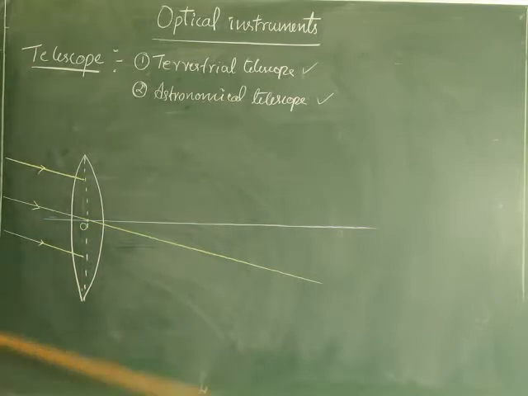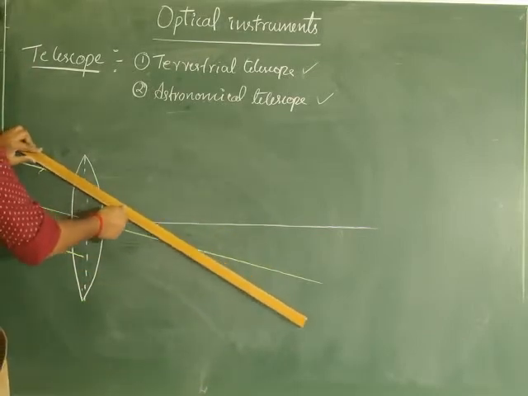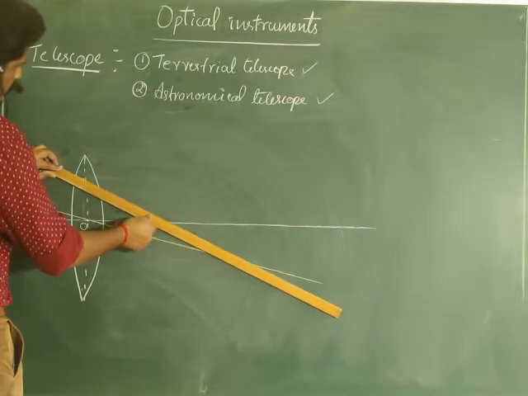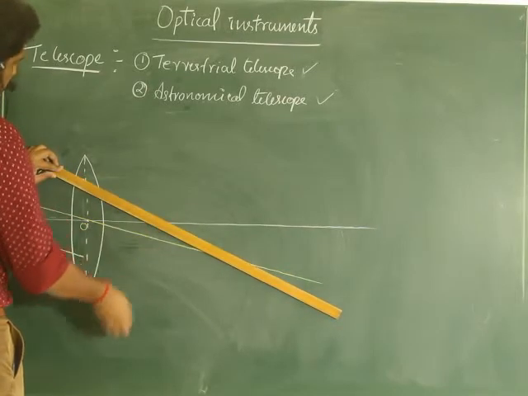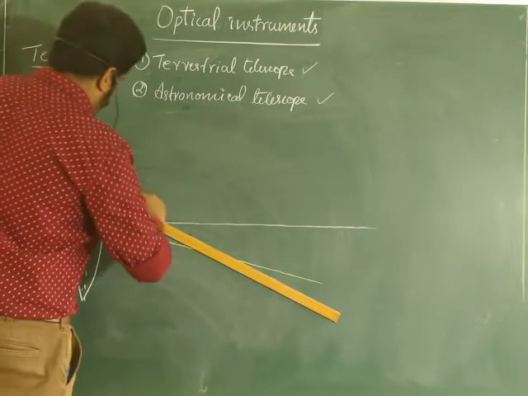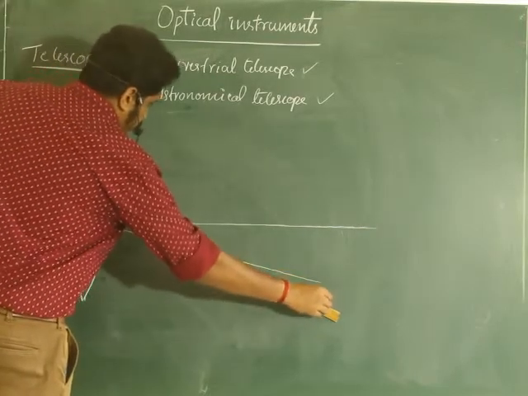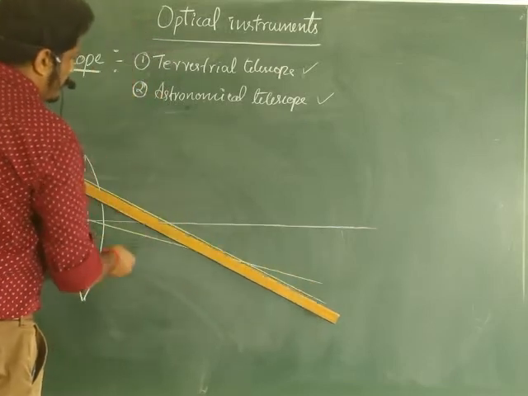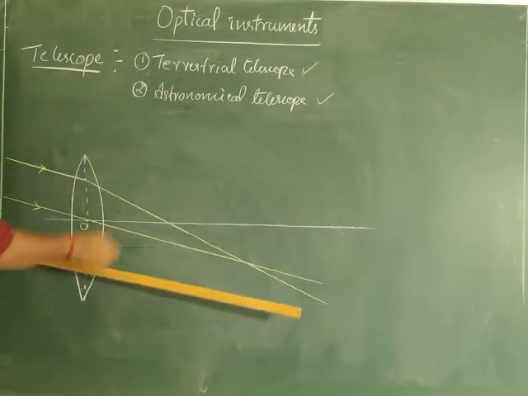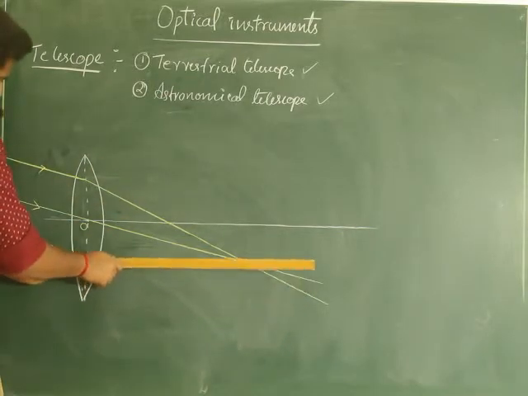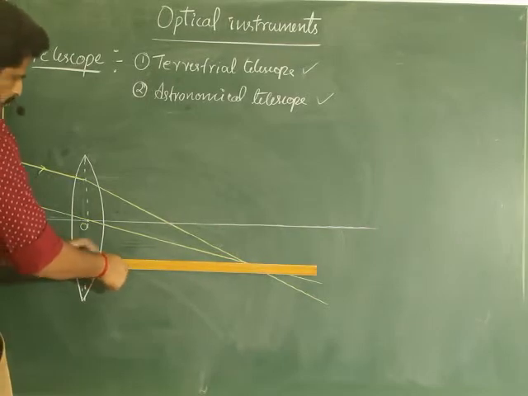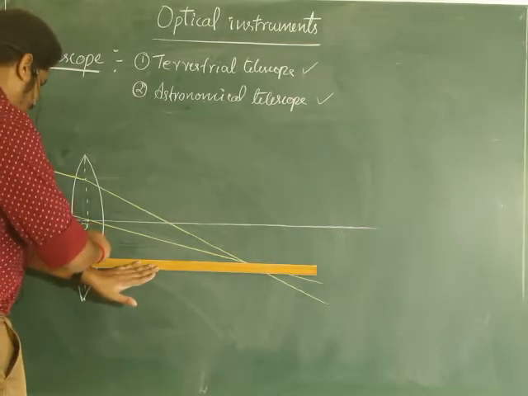They have to bend, correct? So they bend like this, and this one will bend in the upper direction, forming the image exactly like this.